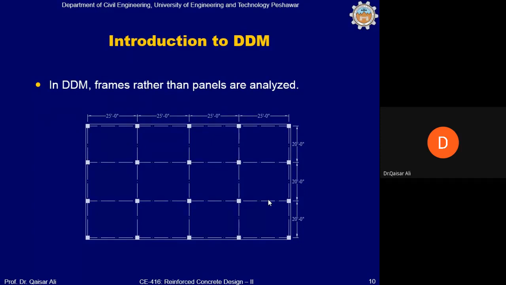So the name direct design method has been, I think, obtained from this straightforward method of analysis. Because as you know, in the overall design process, the analysis is one of the major and difficult steps. So if analysis is done easily, then we can say that the overall design process is very direct. So for this reason, this name has been given to it, the DDM or direct design method.